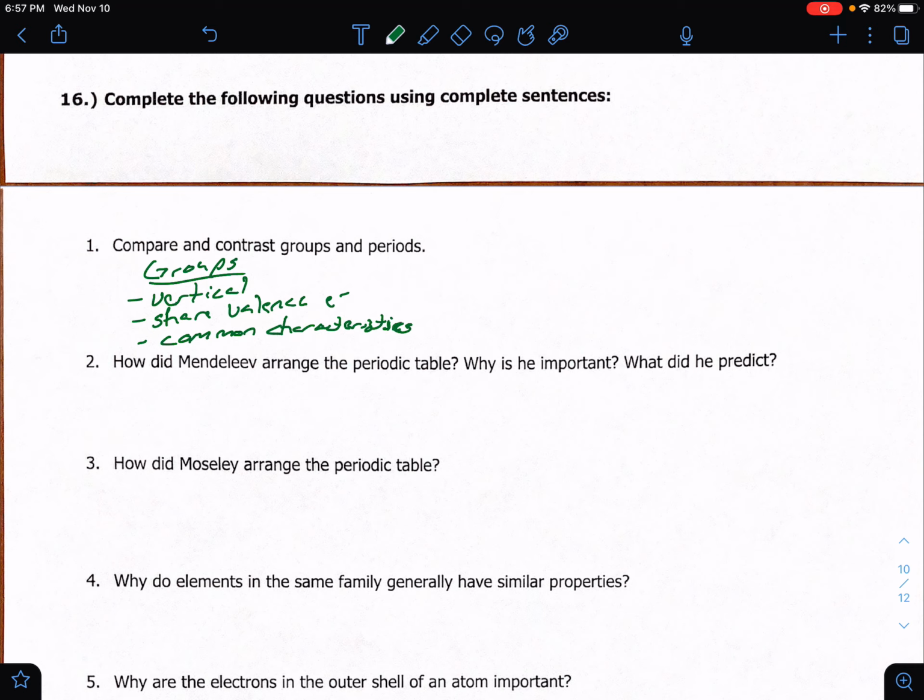Okay, then you have a period. Periods are going to be your horizontal rows, going from left to right. And then they do not share common characteristics. It's just a horizontal row. There's nothing that they share in common.